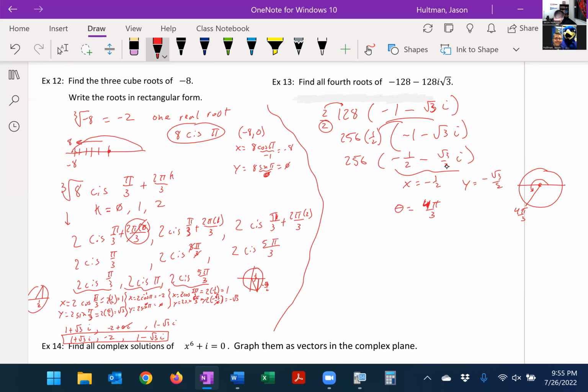Well, given just this value here, wouldn't r be 1 because it's on the unit circle? Yeah.